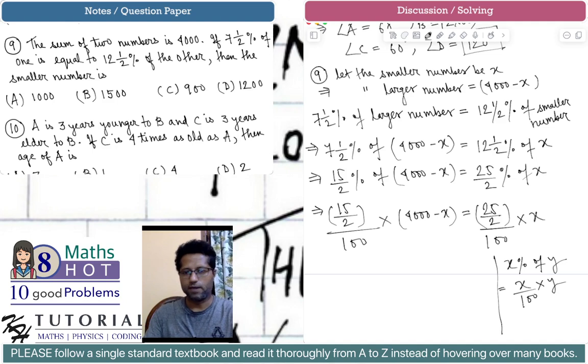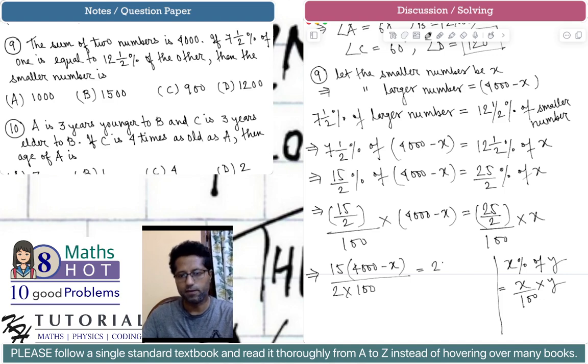So now, if you do a little bit of simplification on both sides, we get 15 multiplied by (4000 minus x) divided by 2 into 100 is equal to 25x divided by 2 into 100.